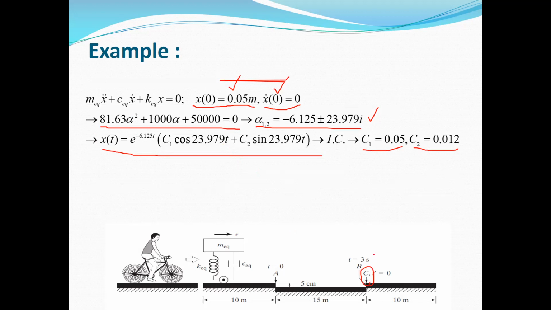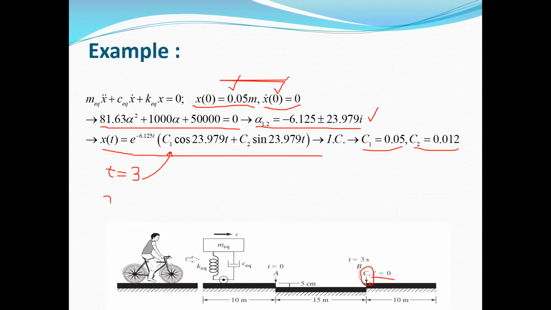Again, we can assume that we have a new origin, for example, t prime is equal to 0, but this time the initial condition will be according to point c. Here you can substitute t equal to 3 seconds into x(t).